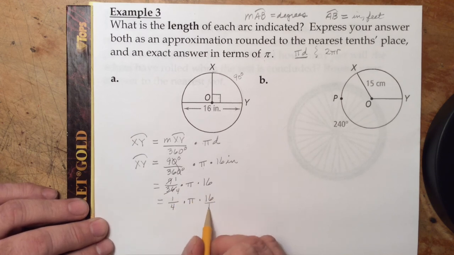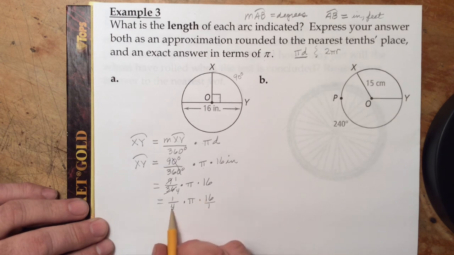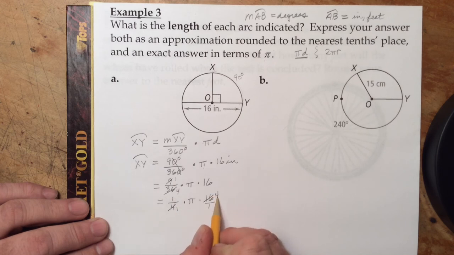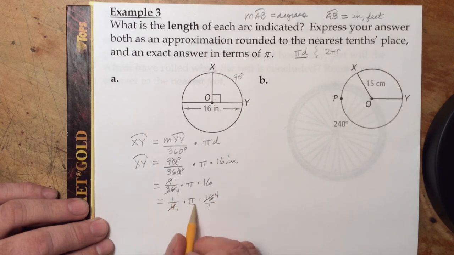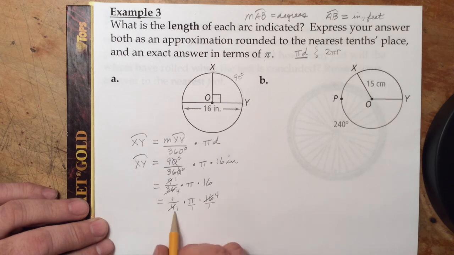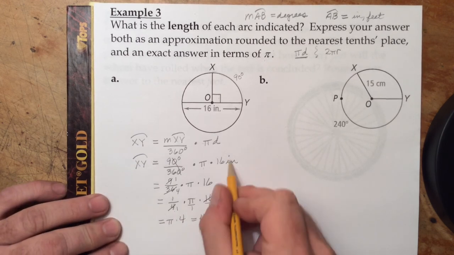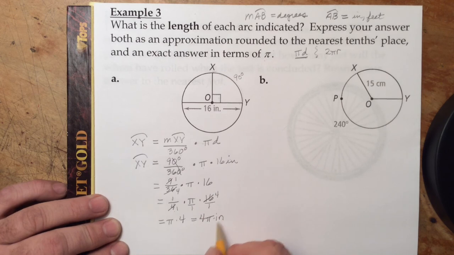If you put 16 over 1, notice that 4 and 16 are both divisible by 4. 4 goes into 4 once, and 4 goes into 16 4 times. So now we have 1 times pi times 4 over 1 times 1 times 1. Or simply pi times 4, or just 4 pi. This is 4 pi inches. This is the exact length of arc xy.